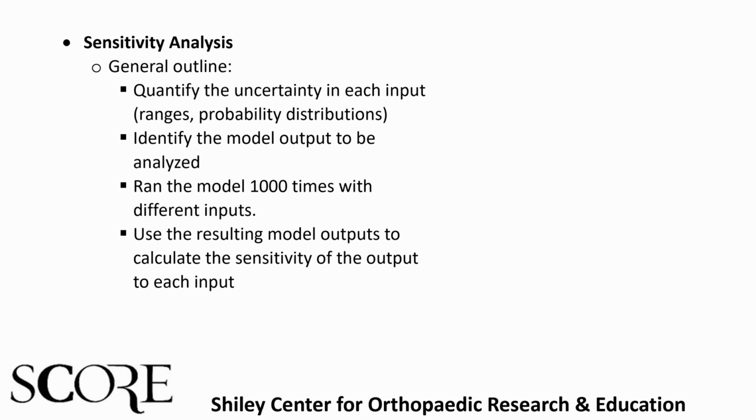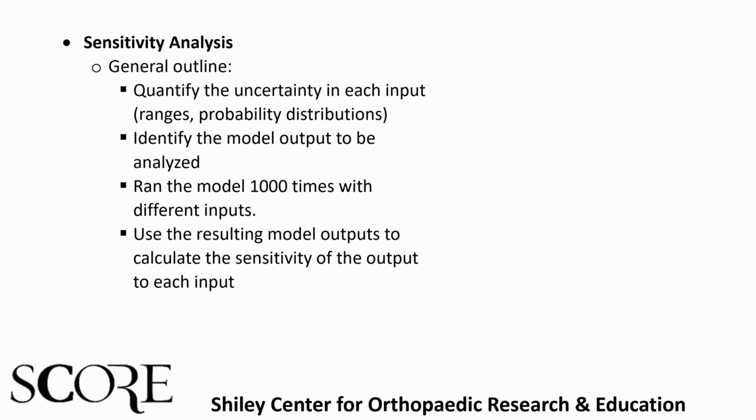So an overall outline of the sensitivity analysis to quantify the uncertainty in each input. That's what we did. We picked the important ranges of each input, and then decided to use a uniform distribution, and then basically repeat the model.